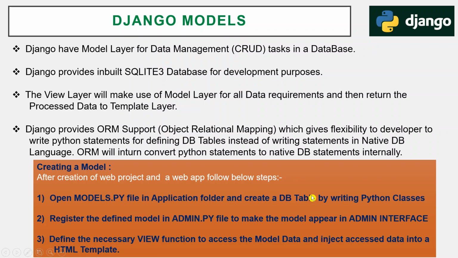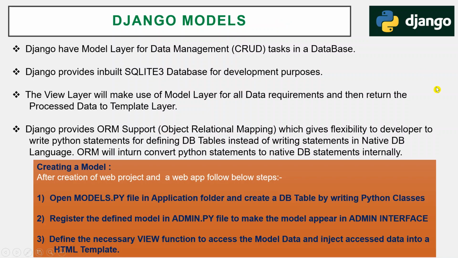In the last classes, we went through the MVT mechanism. In the MVT mechanism, we studied the template layer and the view layer. The view layer consists of the functions, the business logic.